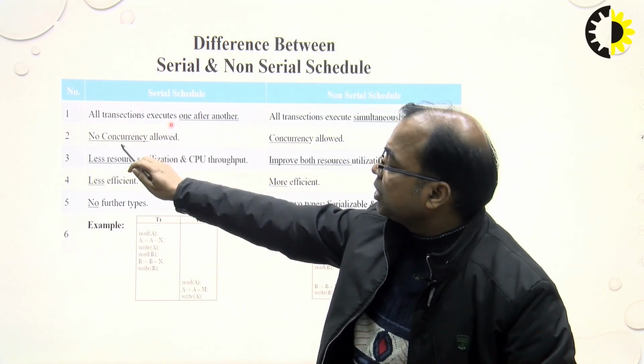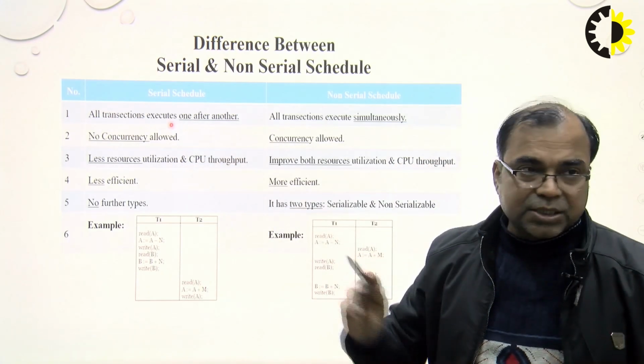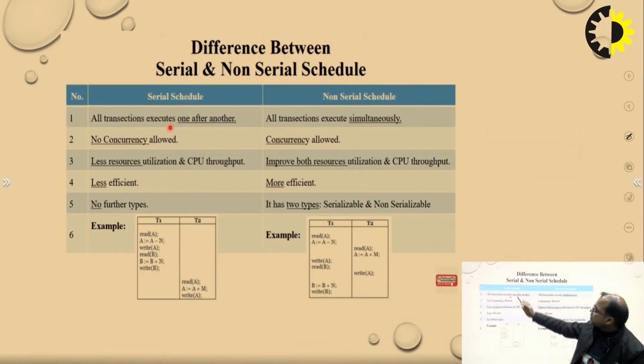The next point is that no concurrency is allowed. There is no concurrency in a serial schedule, but there may be concurrency in a non-serial schedule. This is the second difference. Third is less resource utilization and CPU throughput. In a serial schedule the CPU has to wait for the completion of the transaction, so there is less utilization of the CPU.